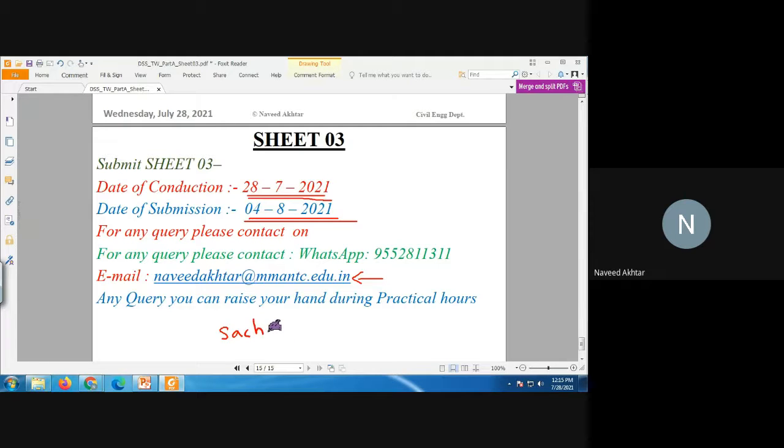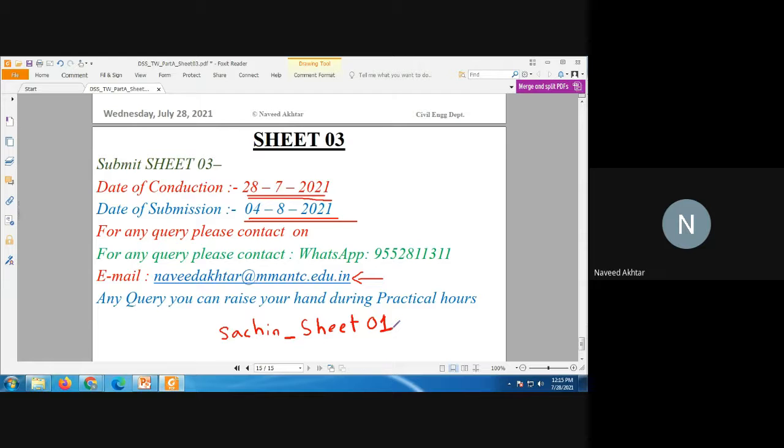Say your name is Sachin. You write Sachin_sheet 1, and then share it on the Google Classroom group so that I can check your sheet.